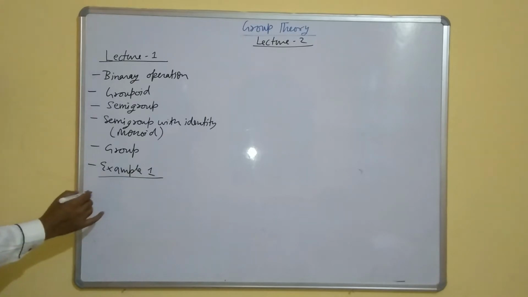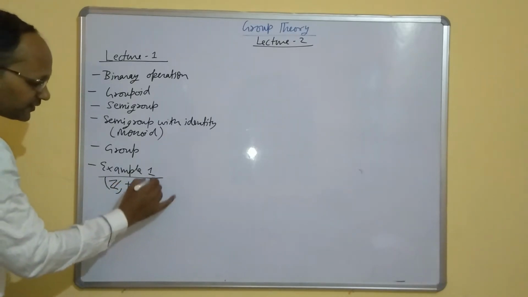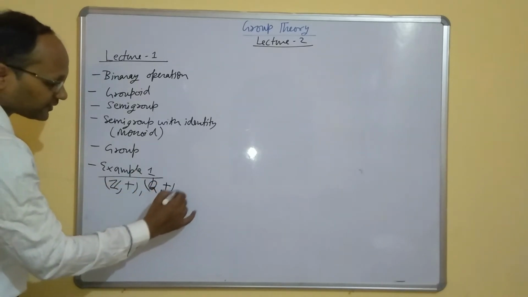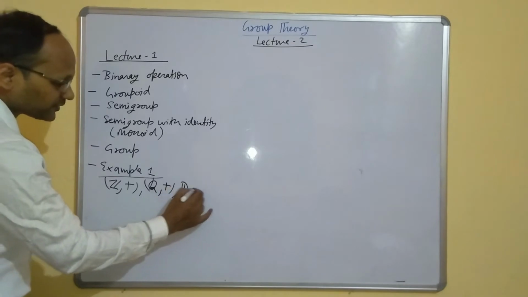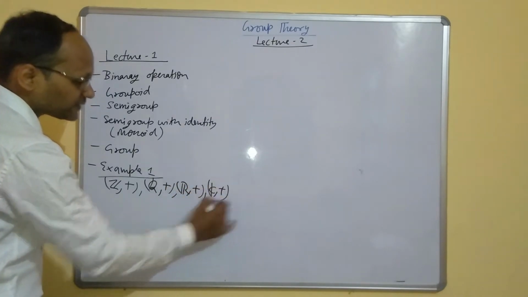In example 1, we find that Z, the set of integers with respect to addition, the set of rational numbers with respect to addition, the set of real numbers with respect to addition, and the set of complex numbers with respect to addition is a group.